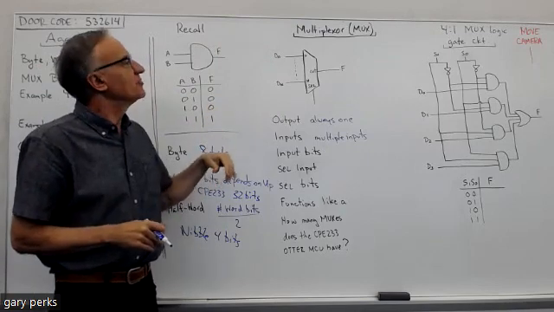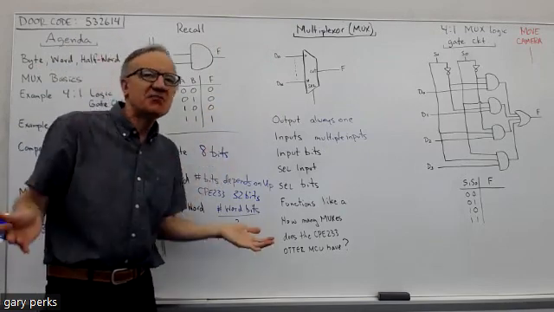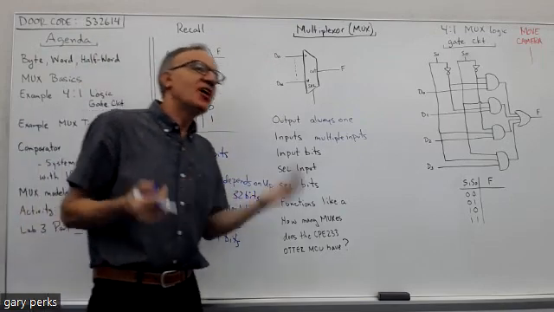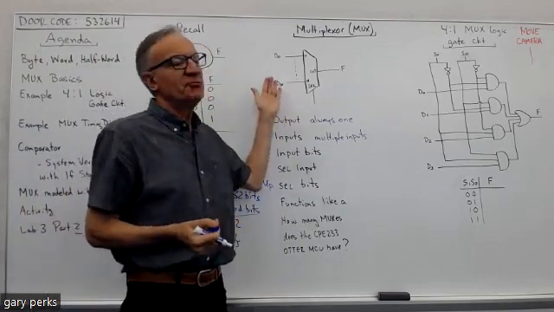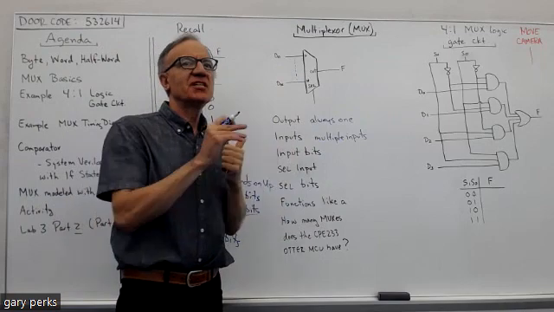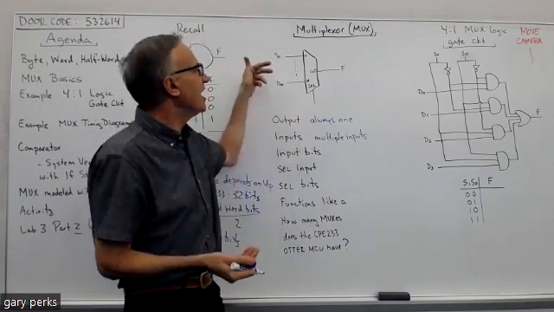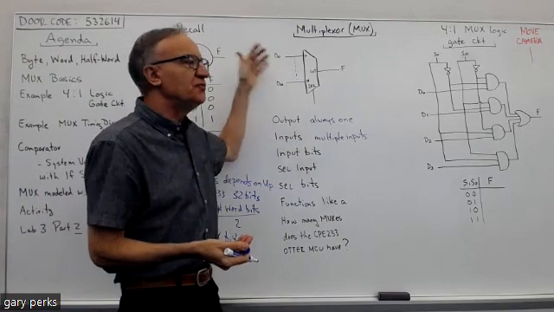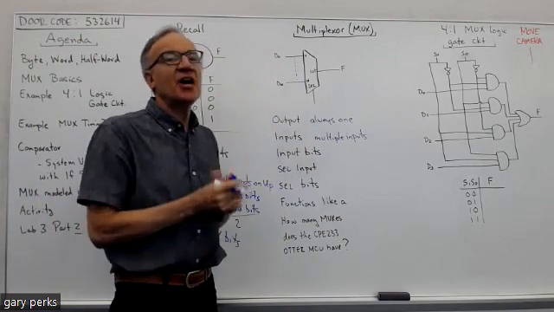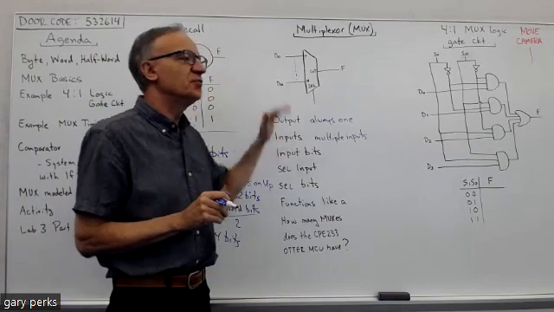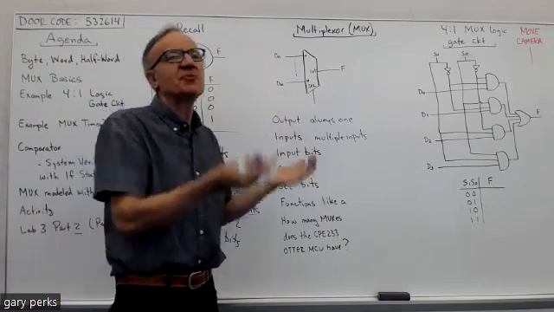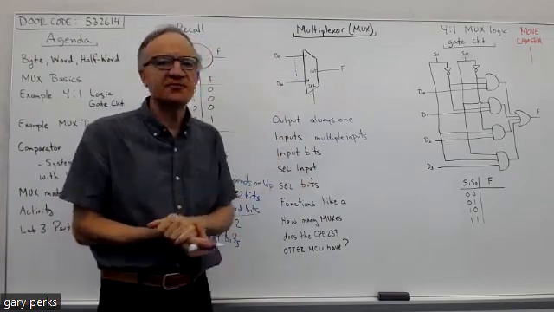Now, even though you can have any number of inputs, most often the number of inputs on the multiplexer is equal to some whole number power of 2. So usually you'll have 2, 4, 8, 16, 32, but there are cases where, like I said, you can have something other than a whole number power of 2.